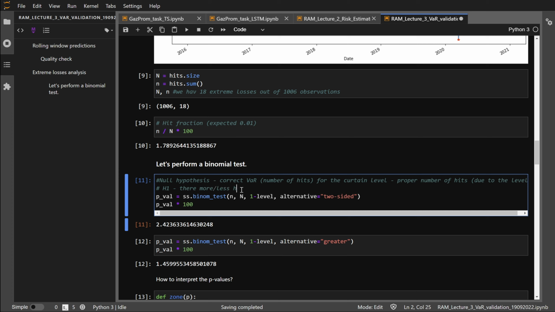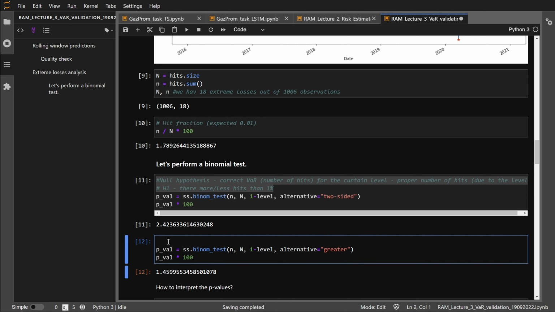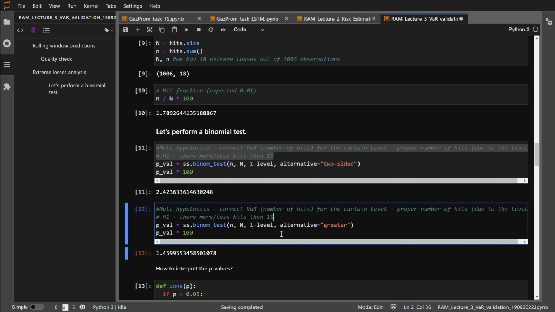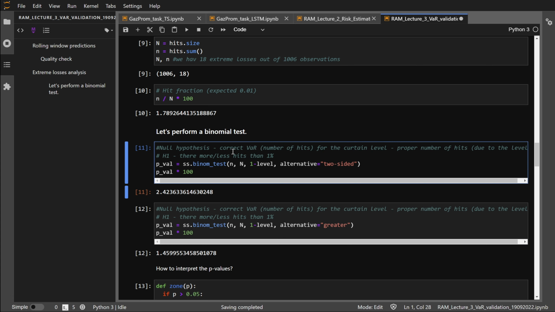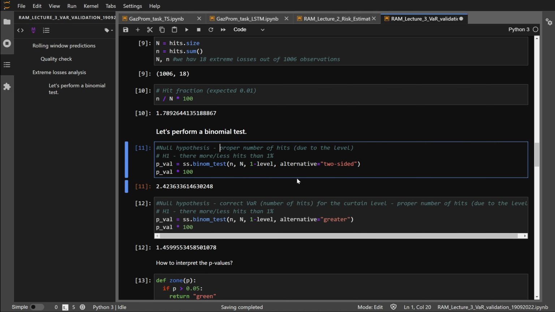So in this case I don't care about the actual probability of hitting VAR being too low, because in this case it actually means that my VAR estimation is too conservative, and it's not hit frequently enough to think that my confidence level is 99%.